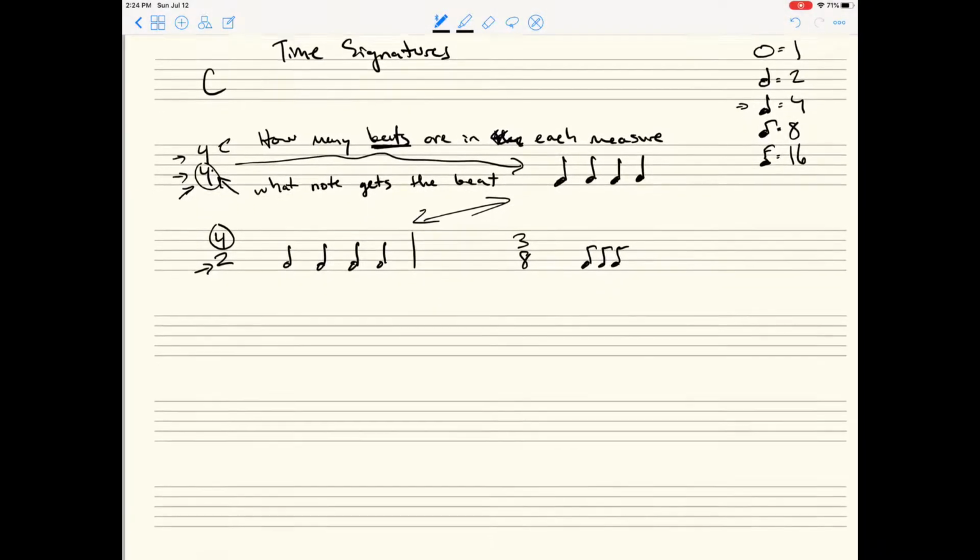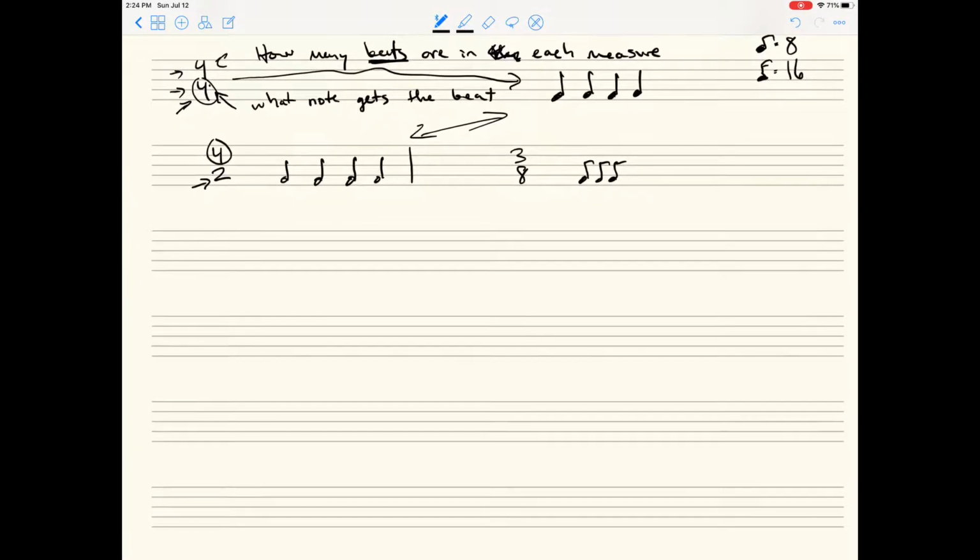Now, to go into some more fancy theoretical terminology, I want to talk about simple meter versus compound meter. This is pretty important. It's not important that you remember the words simple and compound, but it's important to remember the principles that underlie them.